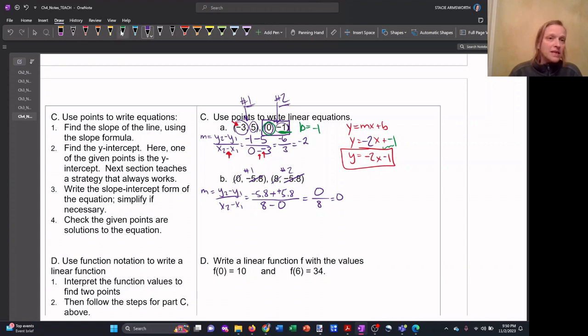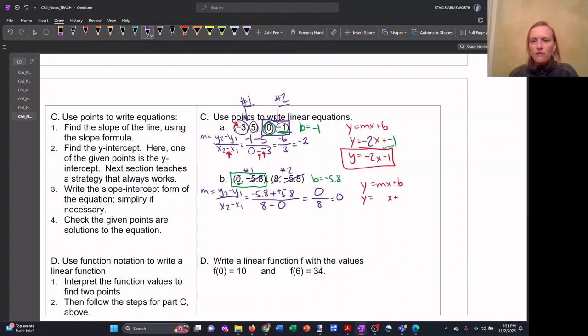Once again, because this is the introductory chapter or section in the textbook, they have given us the y-intercept because x is 0 in this location. So the y-intercept is -5.8. Let's plug the values we need into the slope-intercept form of the equation.